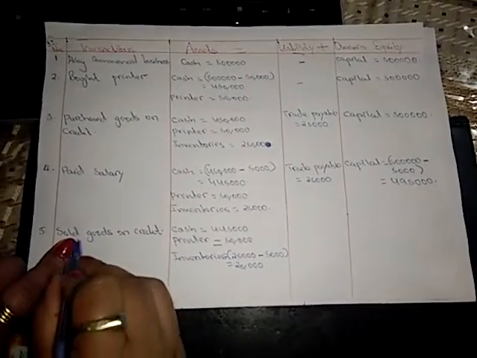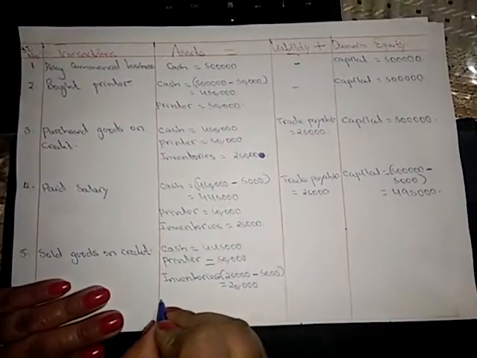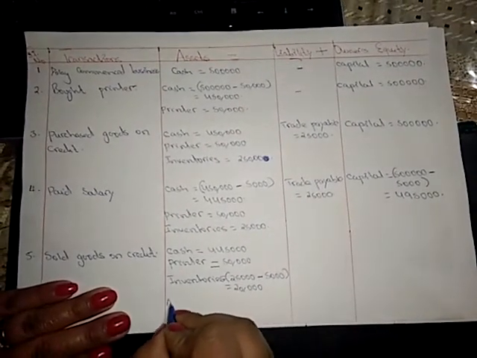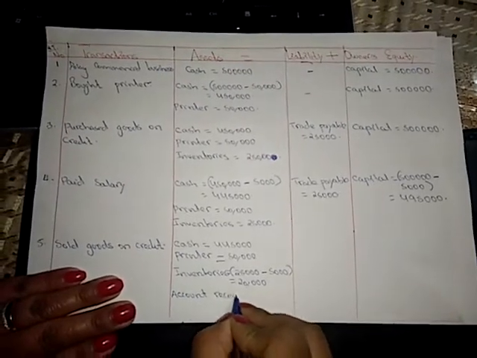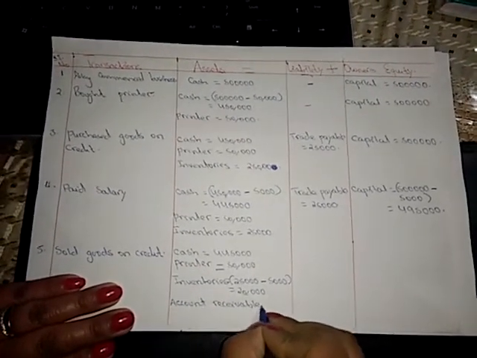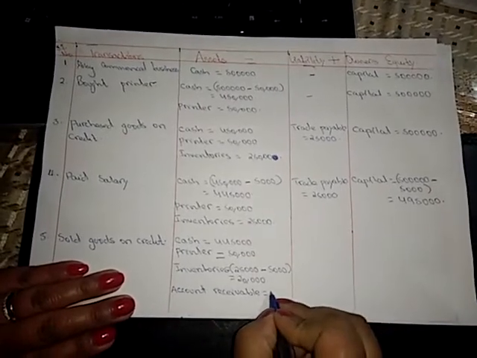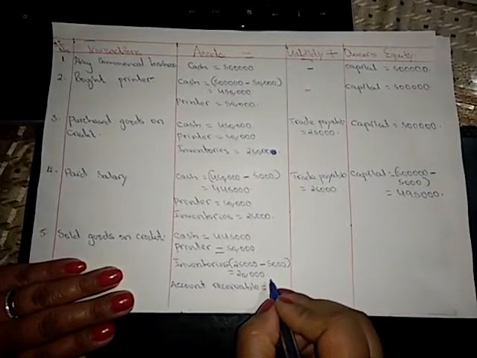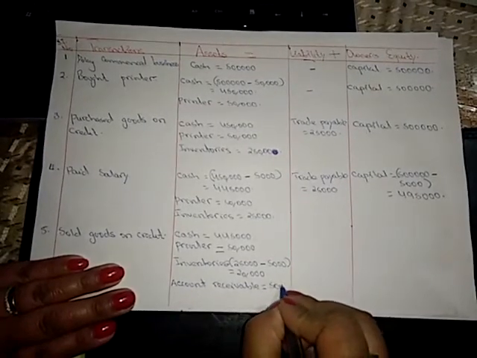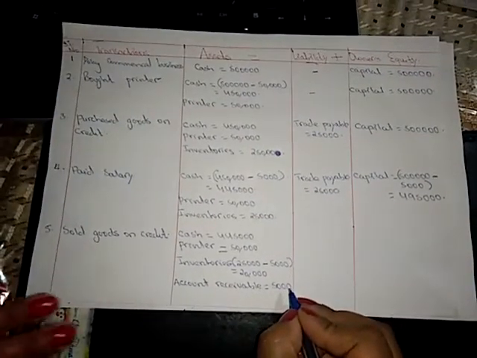I told you whenever you sell goods on credit, it gives rise to trade receivable. It is otherwise known as account receivable. You need to get money from Penjo and you will get it soon. How much do you need to get? You need to get 5,000 from Penjo.